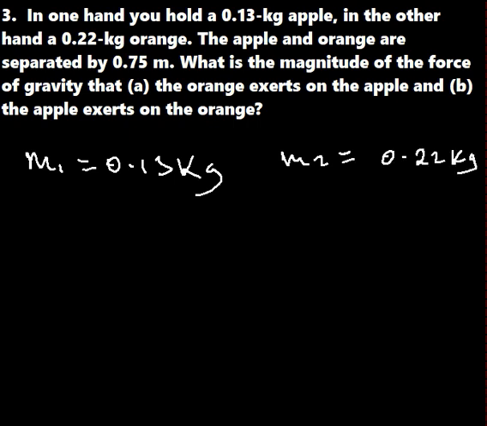The apple and the orange are separated by a distance of 0.75 meters. What is the magnitude of the force of gravity that the orange exerts on the apple and the apple exerts on the orange? The force will be the same, as I have already put forward.